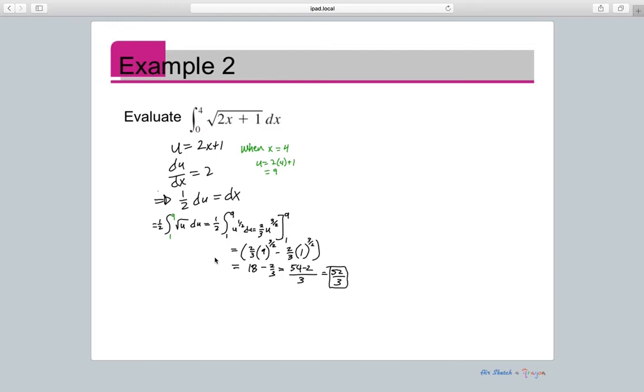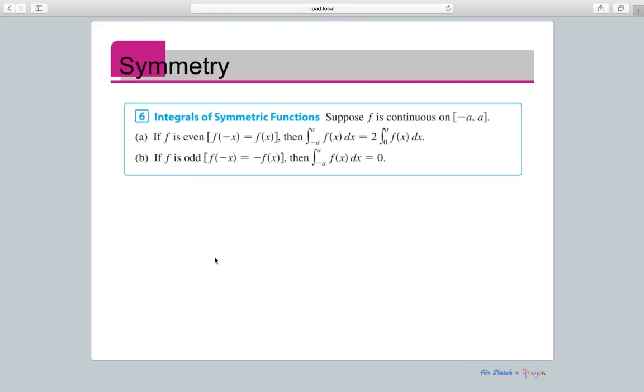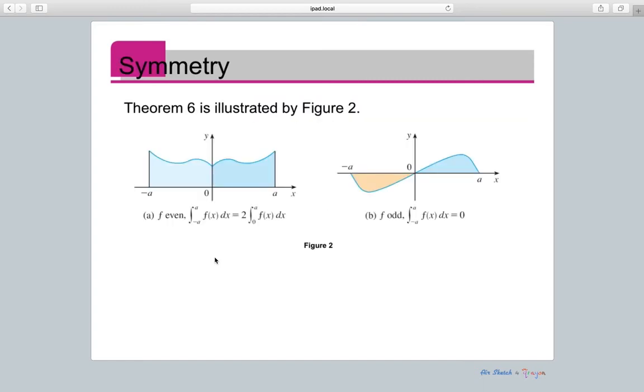All right, there's our first definite integral example. The other thing you can do is remember about symmetry. If you know the symmetry of a function, so if a function is even, sometimes it makes it easier. If I'm trying to integrate from negative a to a, I can instead just integrate from 0 to a and multiply by 2.